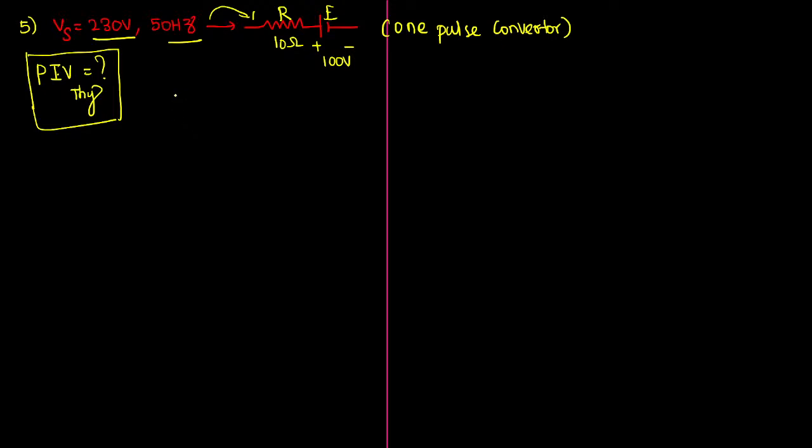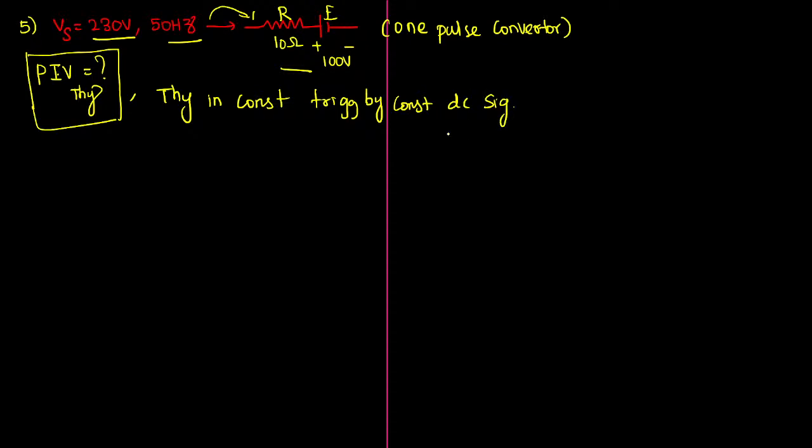Let me read the question. A single phase one pulse converter having 230 volts, 50 Hz frequency, feeding the power to the RE load, and find out the peak inverse voltage across the thyristor, where they have said the thyristor is continuously triggered by a constant DC signal.